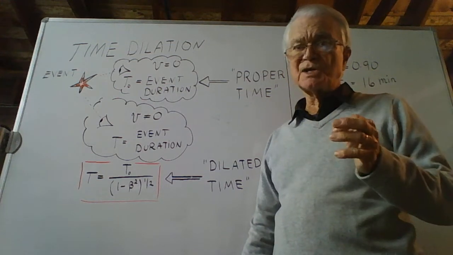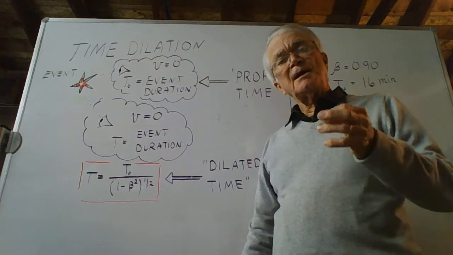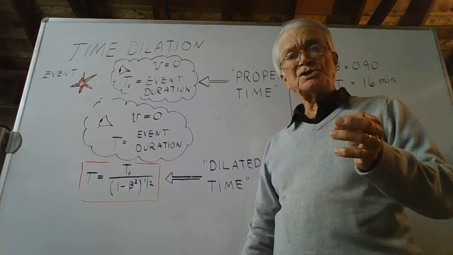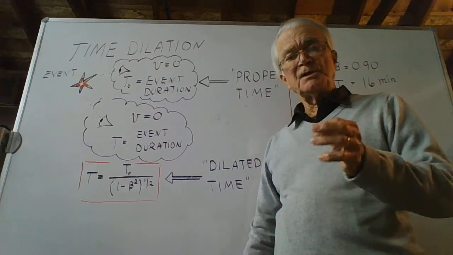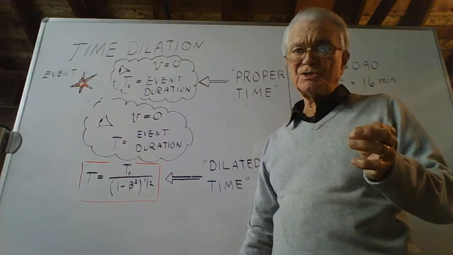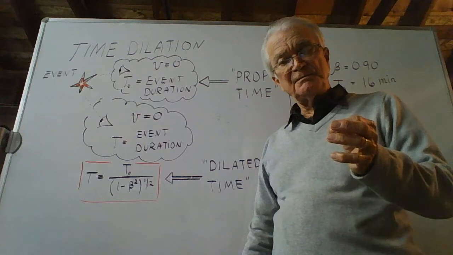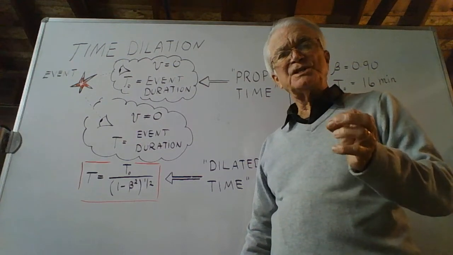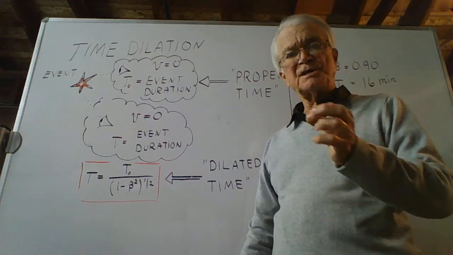Now contrast that situation with the person at a track meet in the stands, watching the runner travel the distance. The runner, as we've just established, is at rest with respect to that event. Well, so what? Well, we'll get to that. The person in the stand, however, is moving relative to that event.